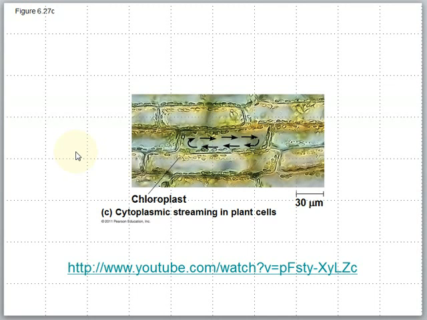This movement is cytoplasmic streaming, and it involves these actin and myosin filaments. The reason that this occurs is because it's basically a way of circulating material through the cell and making sure that nutrients and proteins and other materials are well circulated throughout the entire cell.